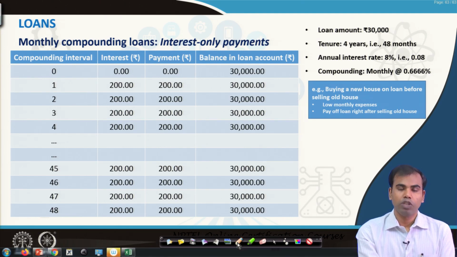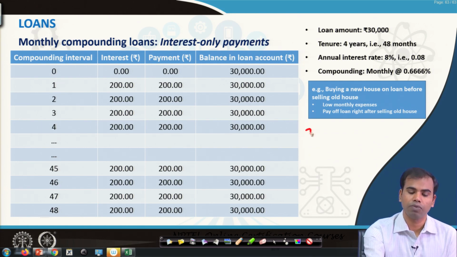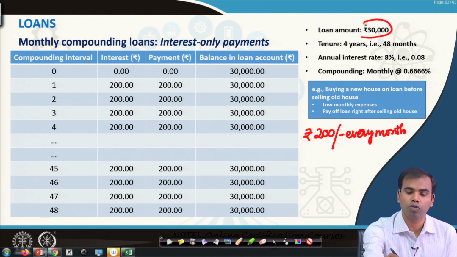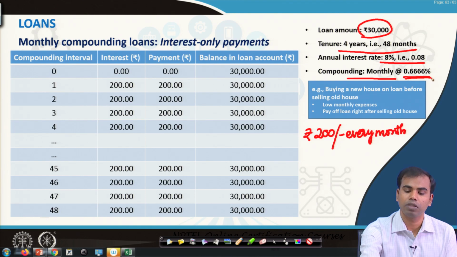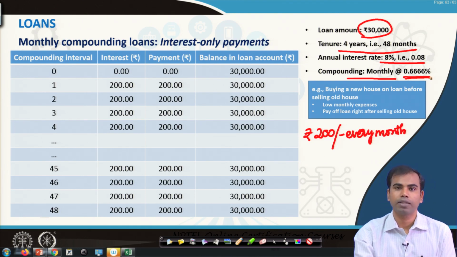Suppose you decide to make a payment of 200 rupees every month. So, you take the same loan: 30,000 rupees for 4 years, 8% per annum compounded monthly, that is, interest will be charged at 0.6666%. So, 200 rupees every month you are paying.